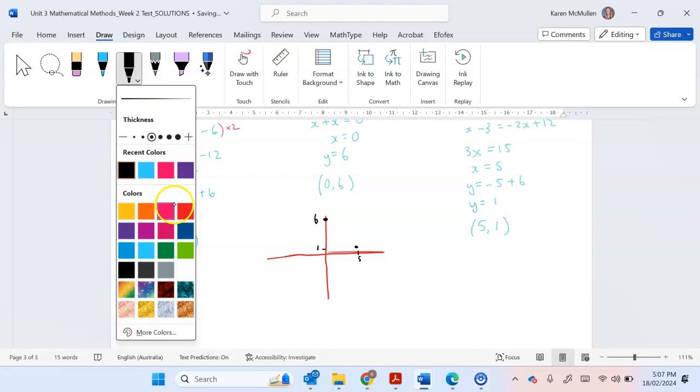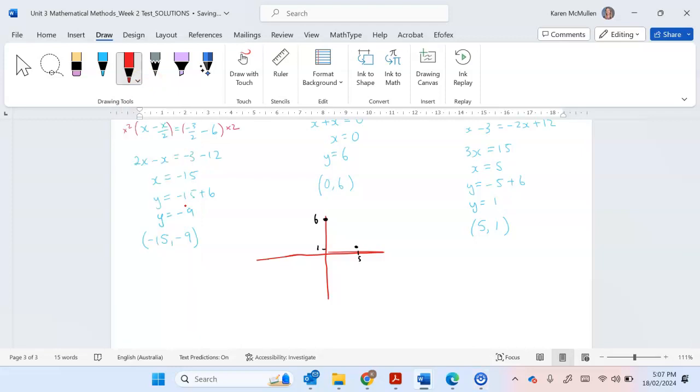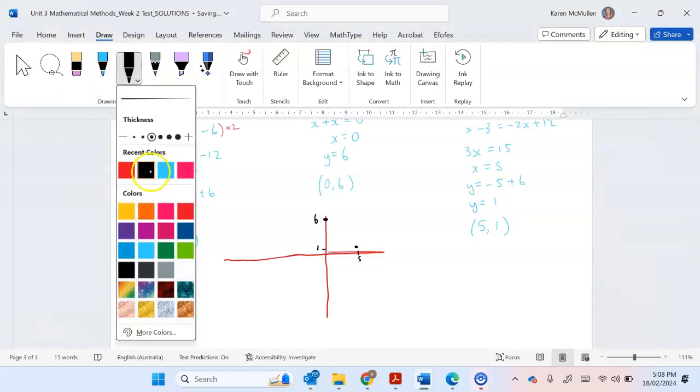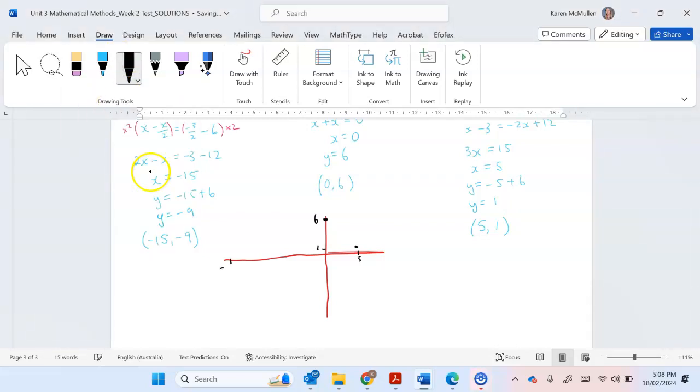I've got to extend this. Let's say negative 15 is all the way down here. Negative 9. So our third point is here. So our triangle is something like that.